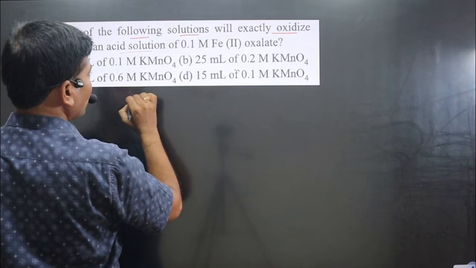You can see the maximum oxidation number of iron is +3 and it is already present in +2. Since it is undergoing oxidation in the presence of KMnO4, iron will convert into Fe3+. And oxalate ion, when it undergoes oxidation, converts into carbon dioxide, in which carbon is present in its maximum oxidation number. Now we can calculate the oxidation numbers of each element on both sides.